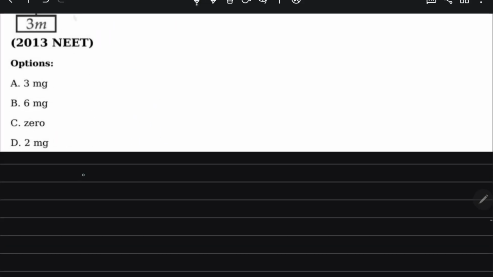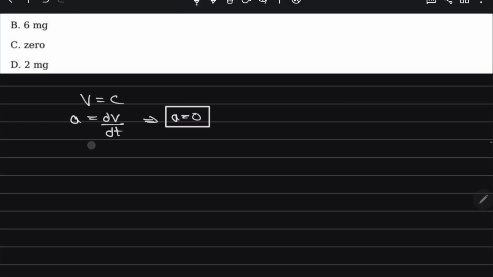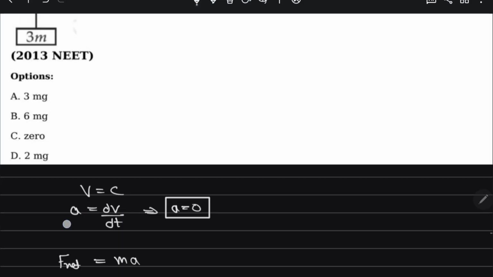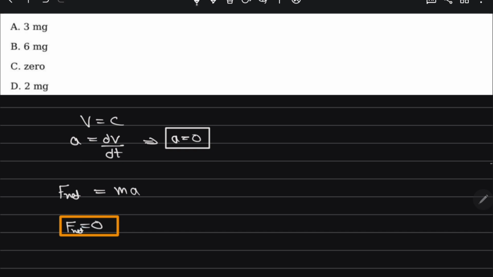We know that if velocity is constant, acceleration, which is dv by dt, is 0. If acceleration is 0, then net force, which is mass into acceleration, is always 0.